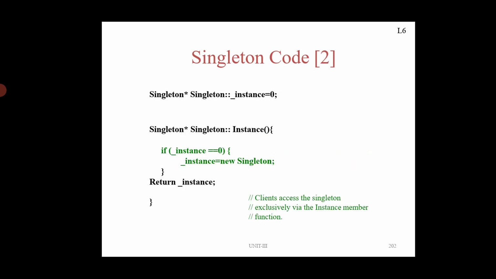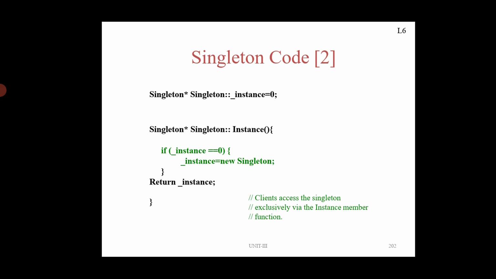Coming to see the corresponding implementation of a singleton, we need to take a Singleton asterisk, Singleton scope resolution operator underscore instance. It will be initialized to 0, and Singleton asterisk is a pointer to its unique instance.